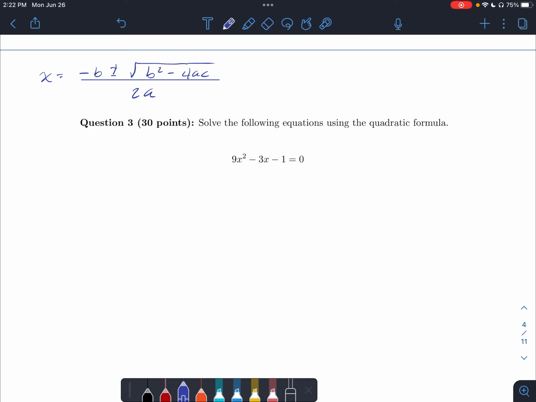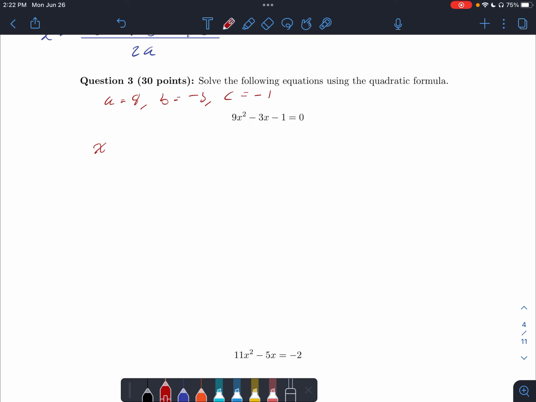All right. So all we really have to do to solve this is identify each part here. So for this one, we have a is equal to 9, b is equal to negative 3, and c is equal to negative 1. And just plug everything in.